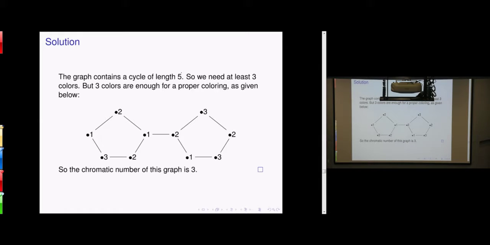So you can use 3 colors to give a proper coloring. Now the theorem says you cannot get less, because in this graph you have a 5-cycle, and to color the 5-cycle you need at least 3 colors. So the chromatic number is 3. It's all quite easy to see.